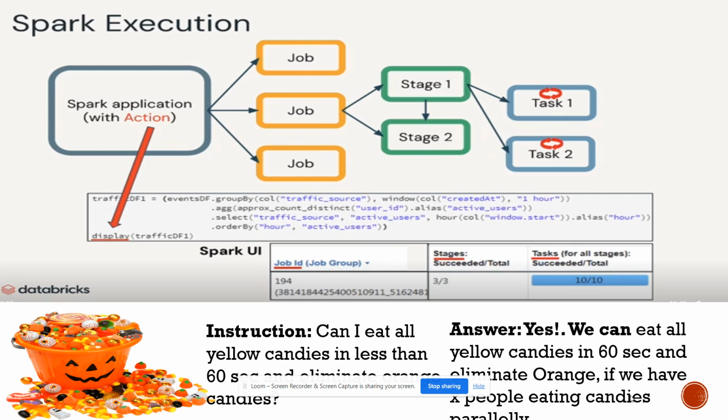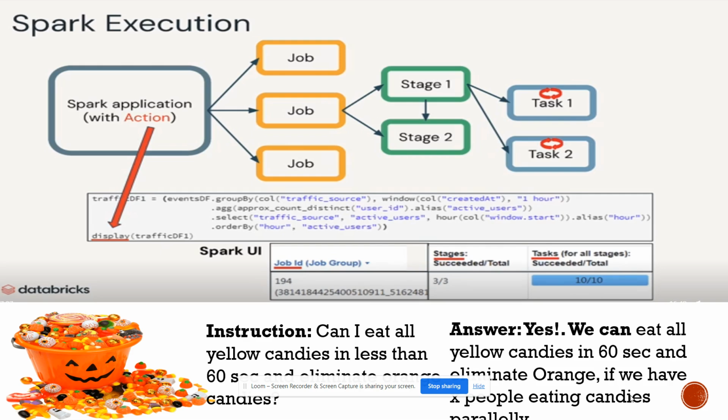So to answer the question, can we eat all yellow candies in less than 60 seconds and try to eliminate the orange ones? Through Apache Spark, yes, it is possible. We can eat all yellow candies in less than 60 seconds, and we can definitely eliminate the orange ones, if we have X amount of people, let's say not 10, but 50 or 100 people eating candies in parallel at the same time.